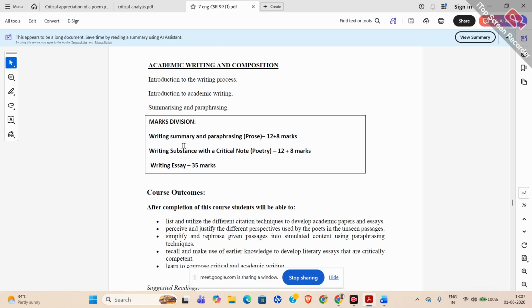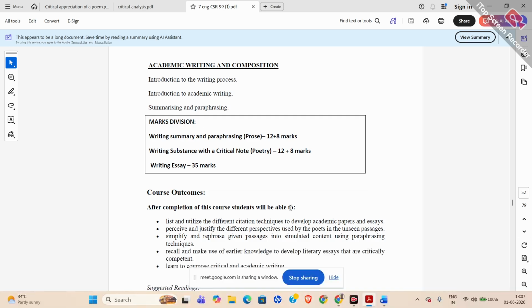So I will be doing writing substance with a critical note. That is how to write the substance and add a critical note to a poem, 12 plus 8. So you can look at the marks division. Now in your SEC2 paper, we have also writing essay. So there can be essays on different topics.